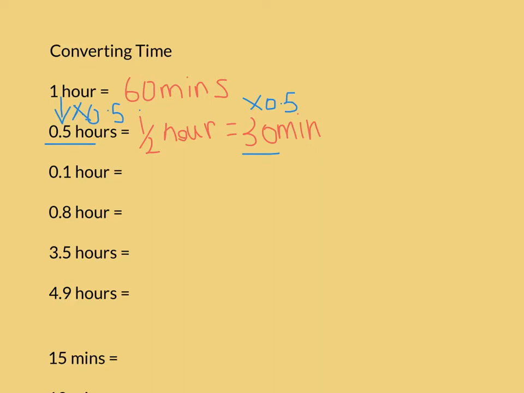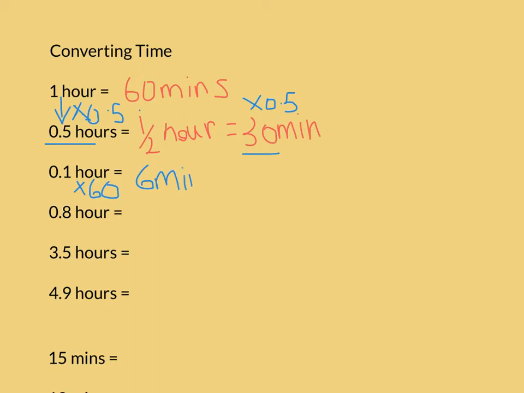To get 0.1 into minutes, I'm going to multiply by 60, because I'm saying it's 0.1 of an hour. An "of" in maths always means times, and an hour is really 60. So 0.1 times 60, we should be able to do this without a calculator because it's just multiples of 10 that we're working with. 0.1 times 60 is 6 minutes.